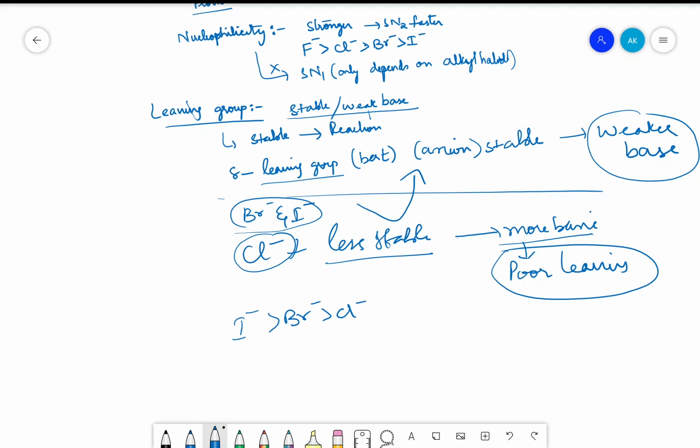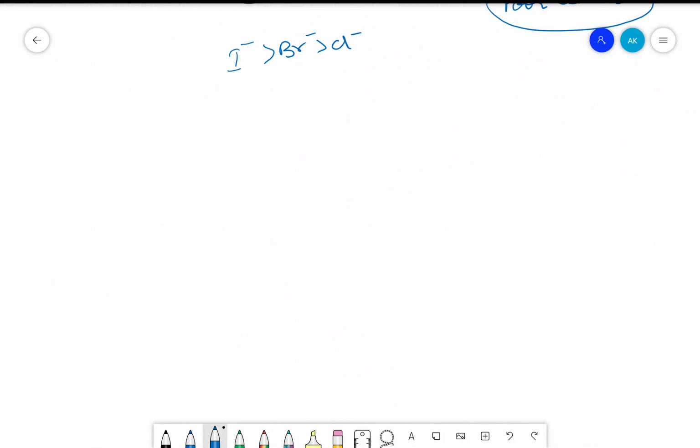Next is alkyl halide. In case of SN2 reaction, tertiary alkyl halide is less reactive.